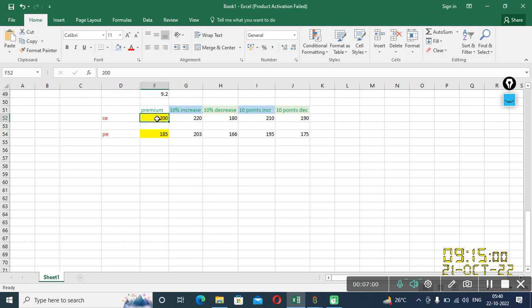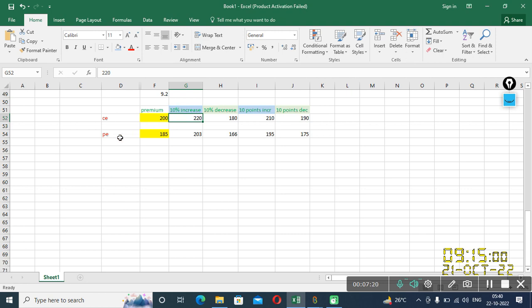So at 9:20, premium of CE leg was 200. Then we will wait for 10% increase and that comes out to be 220. तो मैं चाहती हूँ कि ये 220 पे एग्जीक्यूट हो ना कि 200 पे, राइट? बिकॉज मैंने ये कंडीशन यहाँ पे लगा दी ना 10% इंक्रीज की.